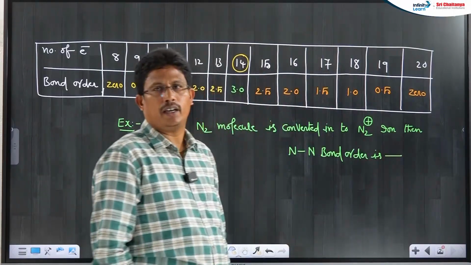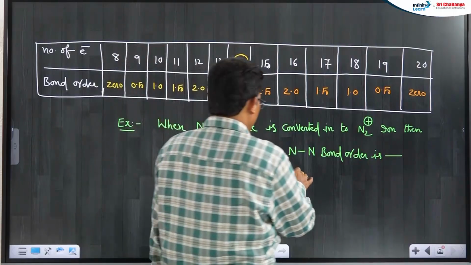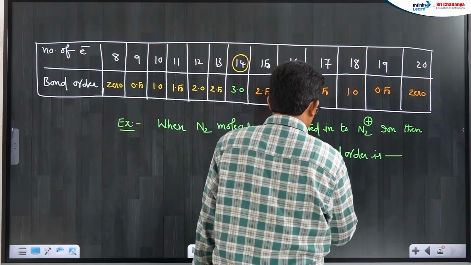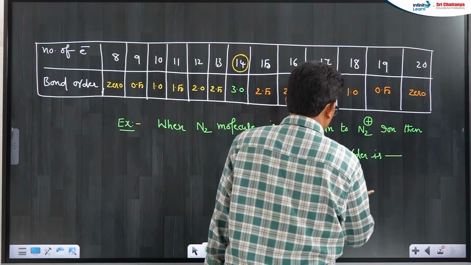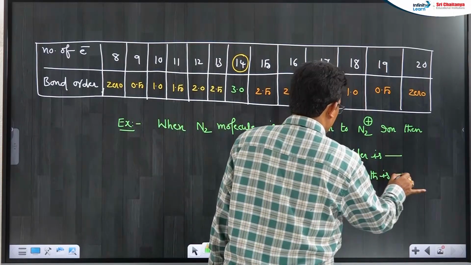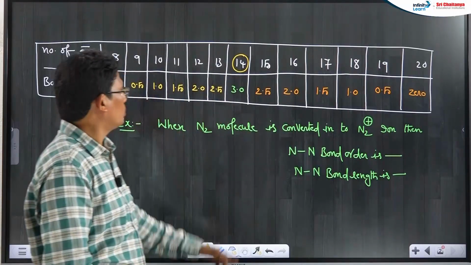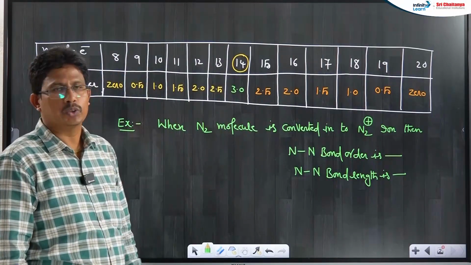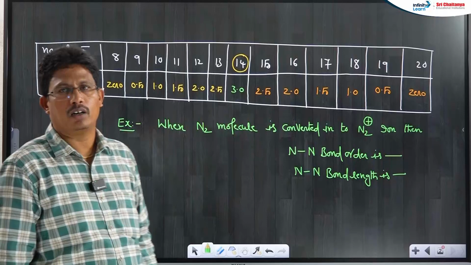Does it increase or decrease? Similarly, the N-N bond length. To solve this type of question, use the tabular form, the shortcut to find the bond order.